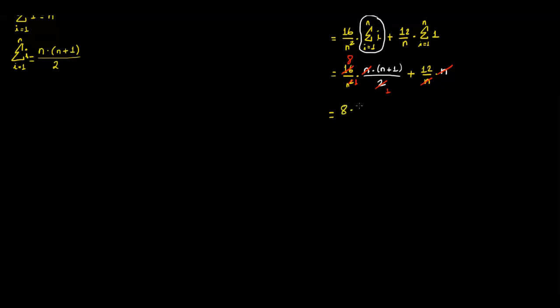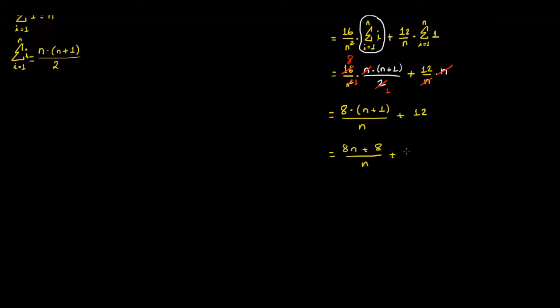I'm just first going to write it in a clean, ordered and nice way: 8 times all this over n, plus 12. Now let's see what we can do. I'm going to multiply this 8 times this n and then plus 8 times this 1. I might be using a lot of steps. I think this is better for starting up.